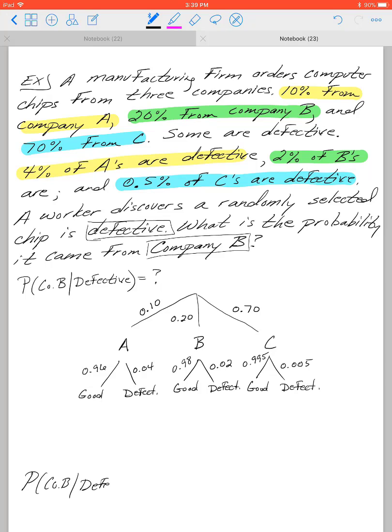We said the pattern is to put AND on top. So probability that a chip came from company B and it was defective. And then what we would always take is whatever we're assuming and put that on the bottom. So the probability of defective.